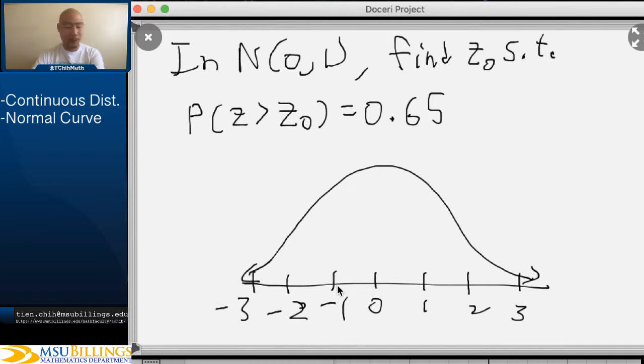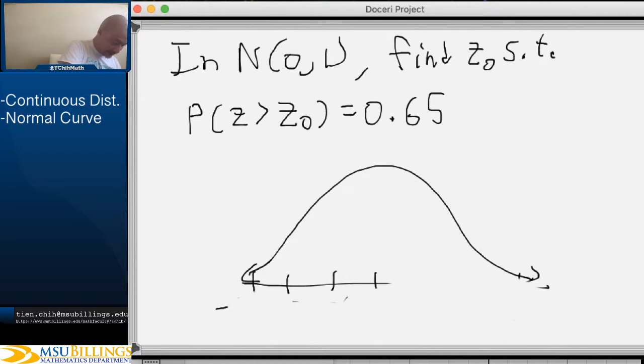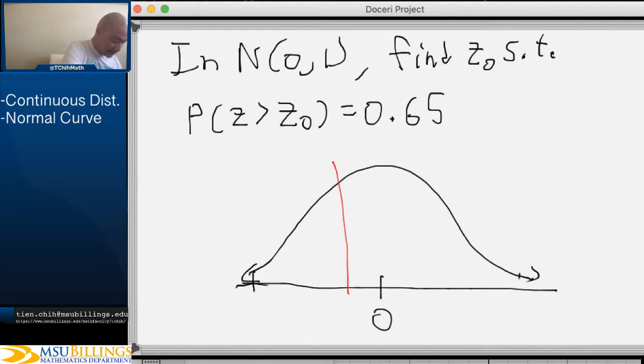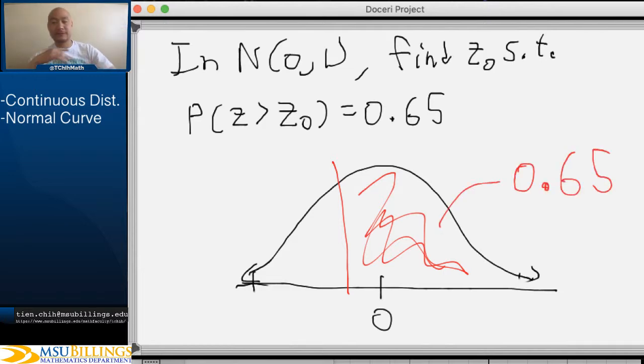So we're looking for a point down here. I don't know where exactly it is, so I'm going to erase the bottom here and redraw the line. What I know is that I'm looking for some point in the negative space so that this is 65% of my curve.